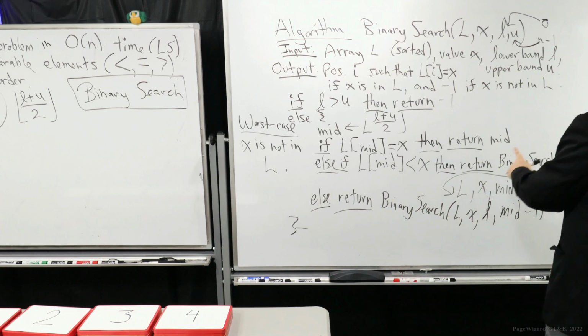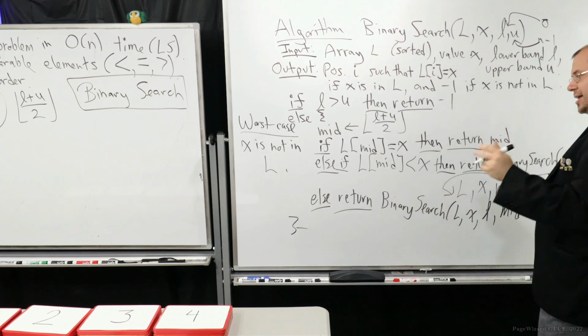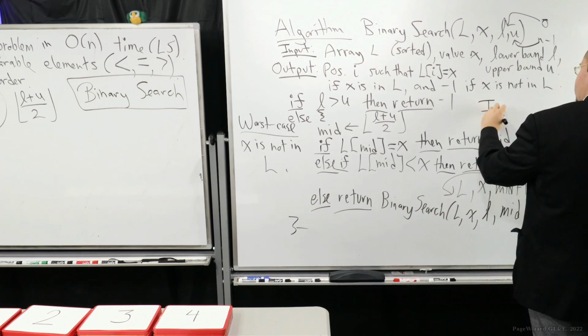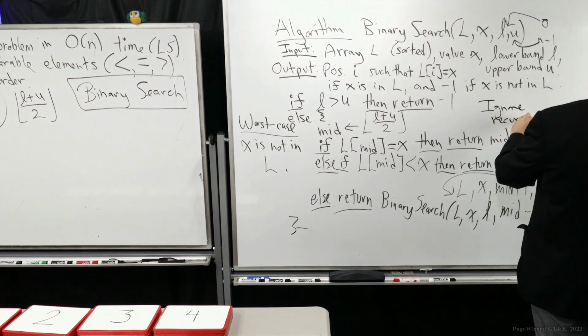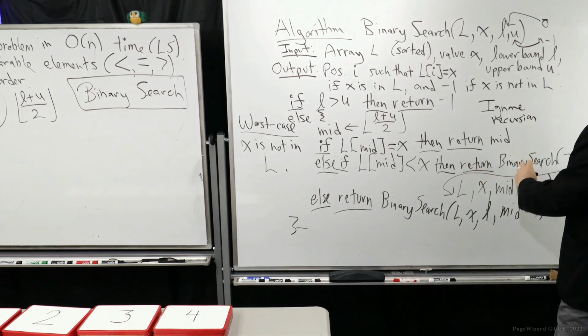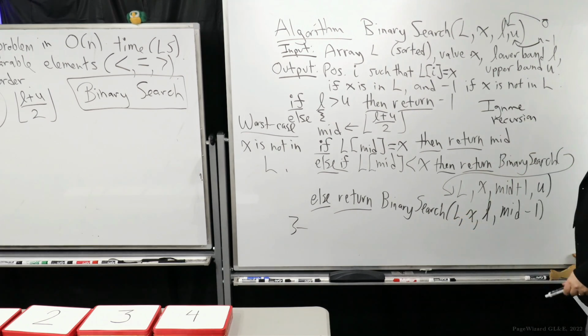If I ignore the recursion first, this is how you could analyze this algorithm. Notice that if this takes constant time, that takes constant time. All of this, I'll let you think about it, takes constant time.